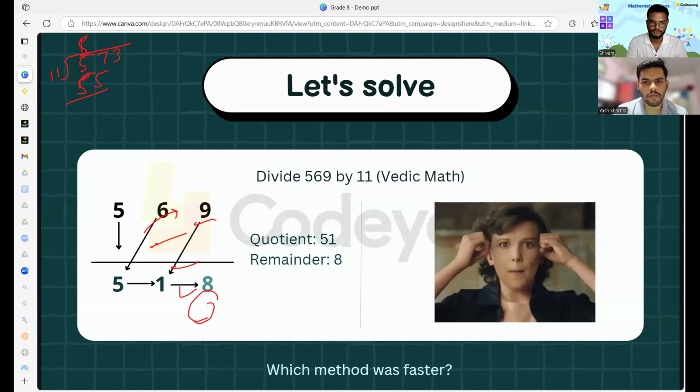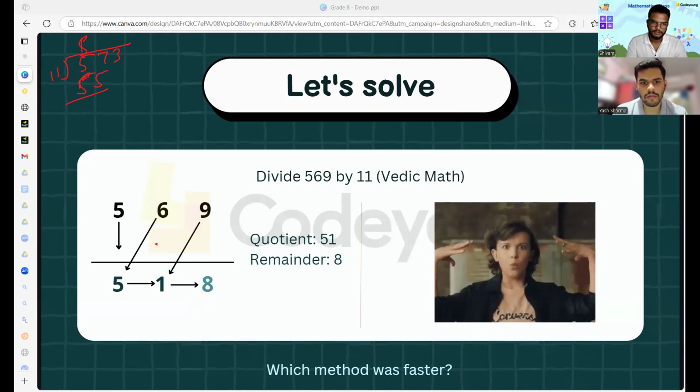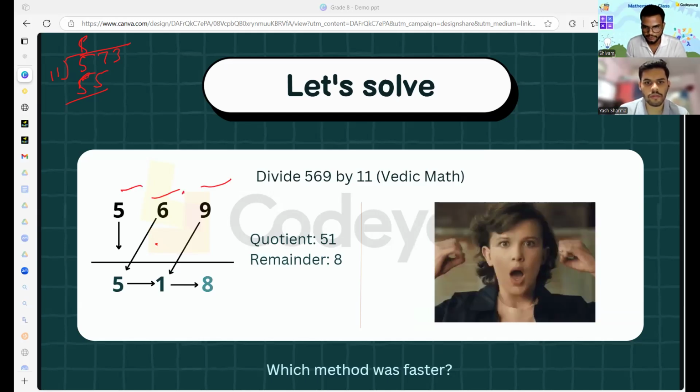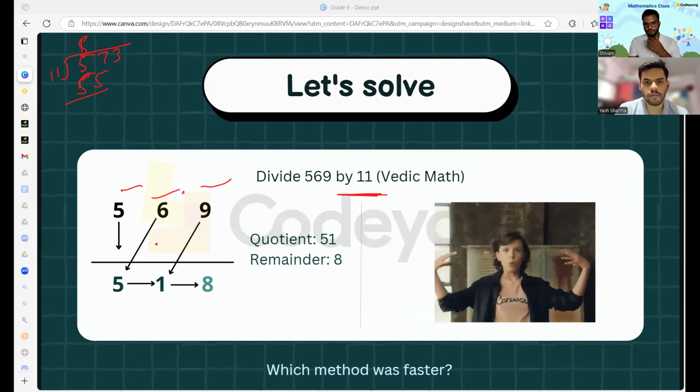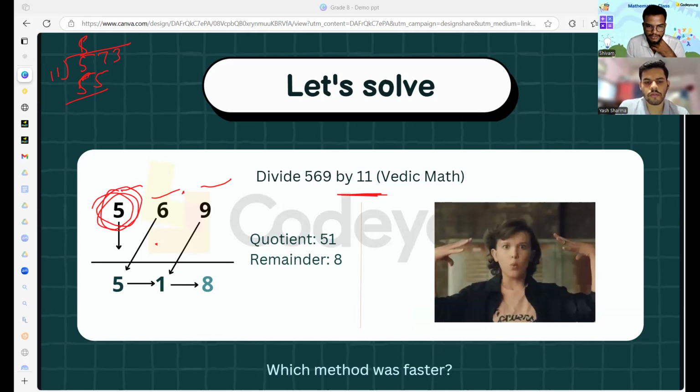So this is the next one. Just see as it is written. 5, 6, 9 is there, and you have to divide by 11. Okay. So what you have to do is just write the first digit as it is.